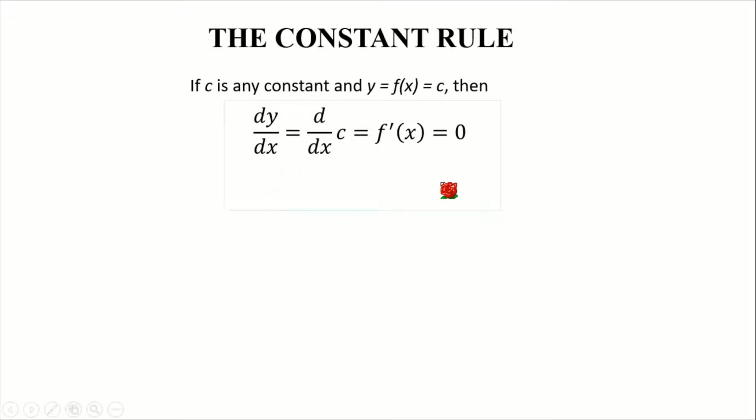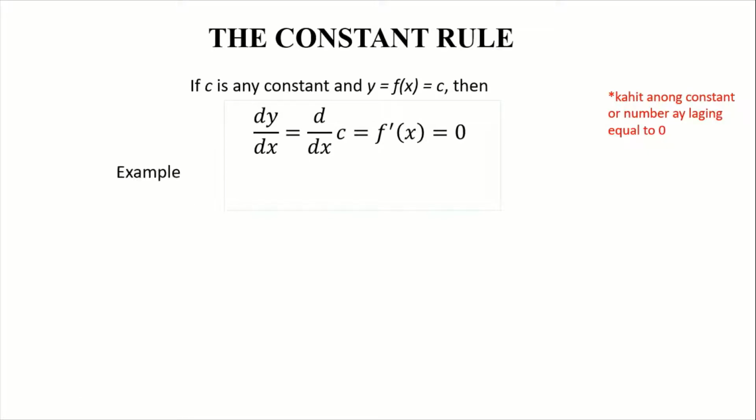Alright? So, sa constant rule, sabi dito, kahit anong constant or number, ang kanyang derivative ay laging equal to 0. So, again, any constant, okay, sa constant rule, any constant is equal to 0. Right?